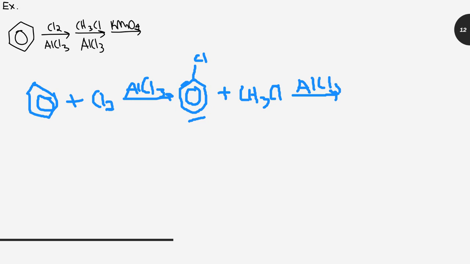Most EDGs are ortho-para directors and most EWGs are meta directors. Halogens are the exception, and that's because of the electronegativity. Even though they have lone pairs of electrons and you'd think they would be EDGs, they're electronegative, which makes them EWGs. But the positive charge stabilization still applies to halogens, so they're ortho-para directors.